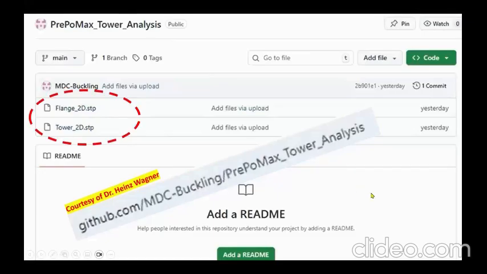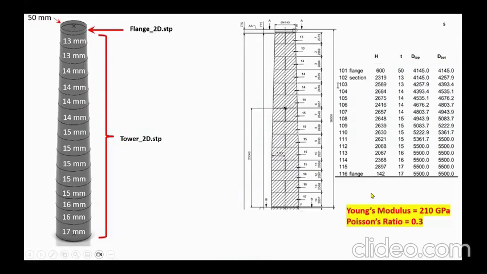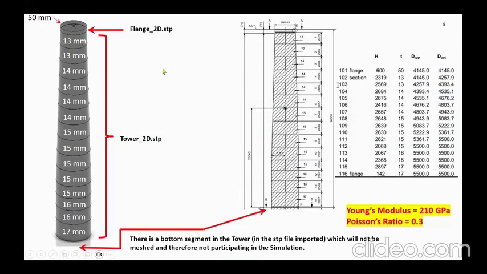Now, here, actually, you can see the tower and the flange up there. This is the wind turbine tower, and this top piece is what is called the flange section. But there is also a little piece down here, a very narrow piece of the same thickness of 17 millimeter, which I don't use.